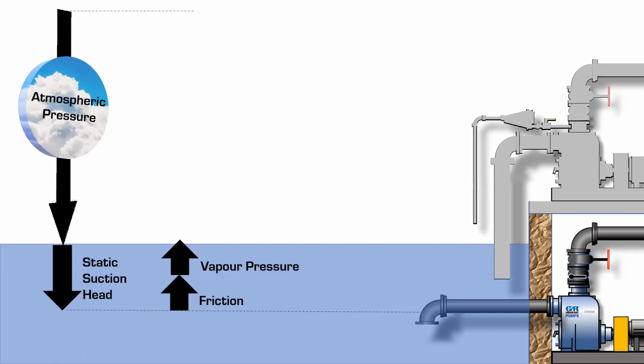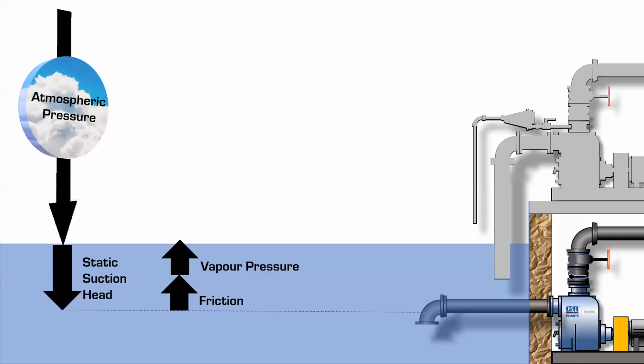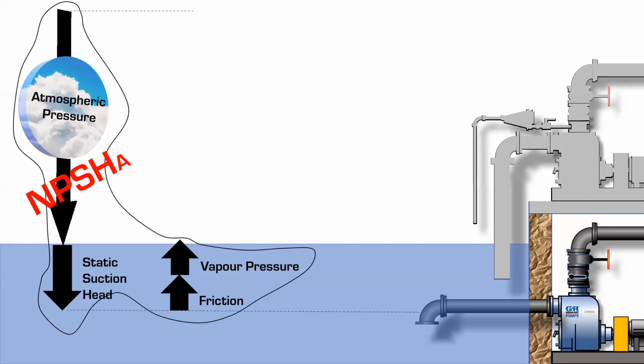We want to keep a margin that we keep on top of the fluid, this vapor pressure. And again, just as a reminder, that vapor pressure can be read from a chart over here. And if we're not pumping water, there's a vapor pressure chart for gasoline, for ethanol, for whatever you can ever think of. So that all together makes up what's called net positive suction head available, or NPSH.